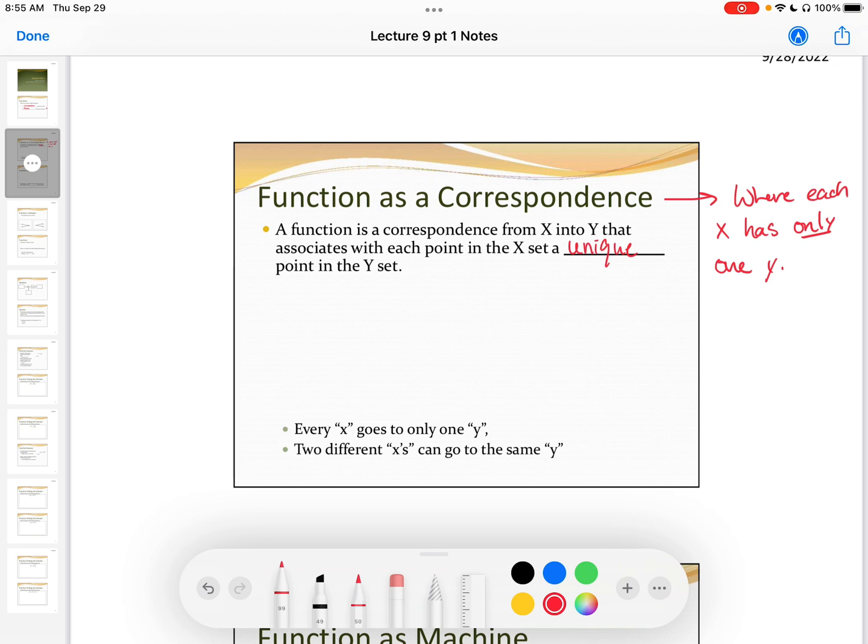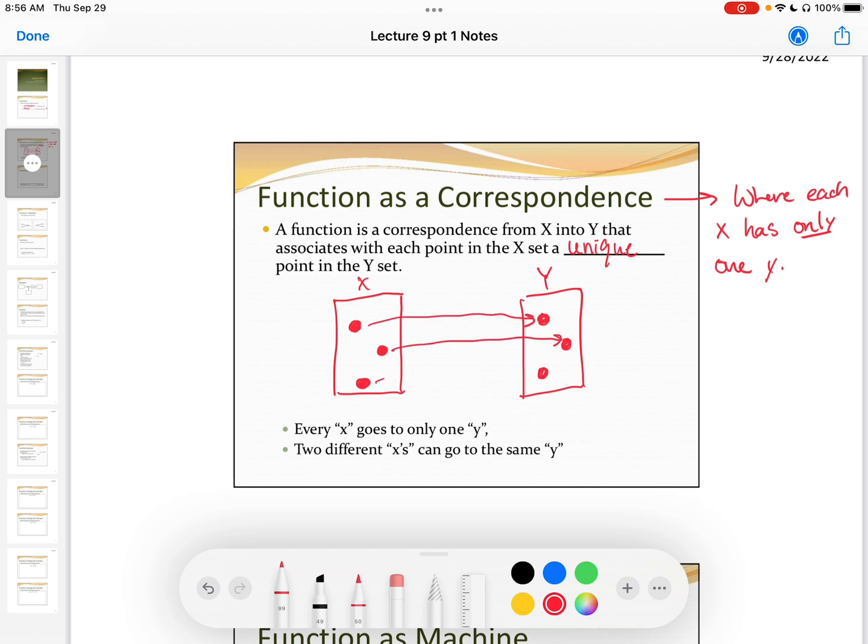Now, how do I draw the picture for this? Well, the picture that they have you guys draw is two boxes. One of those boxes represents your x set. The other box represents your y set. There are points in your x set, and those points correspond, that's why it's defined as a correspondence, to a point in the y set.